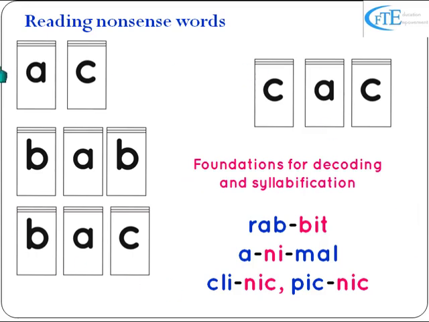If you start doing this at the very beginning, as you introduce every letter, you'll be very surprised that by the end of lower kindergarten, your child will be able to read big words like this: r-ab, rab, b-it, bit, rabbit. A-ni-m, animal, clinic, picnic.